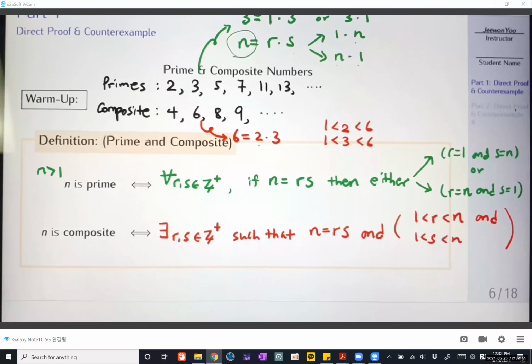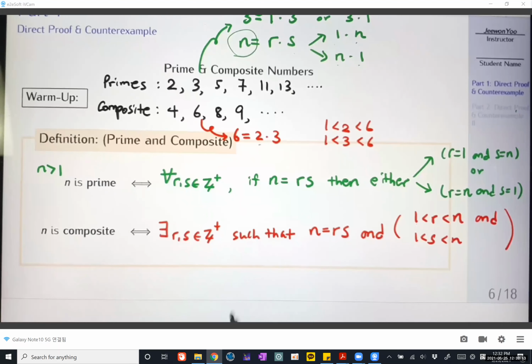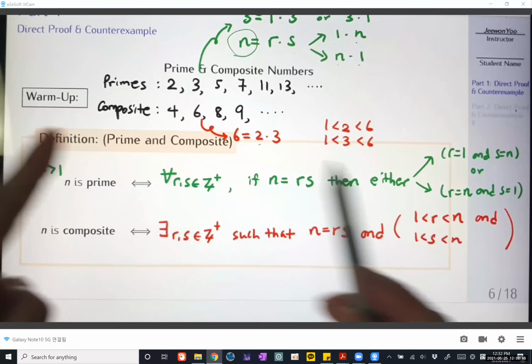Do you guys agree? So here's the definition of primes and composite.